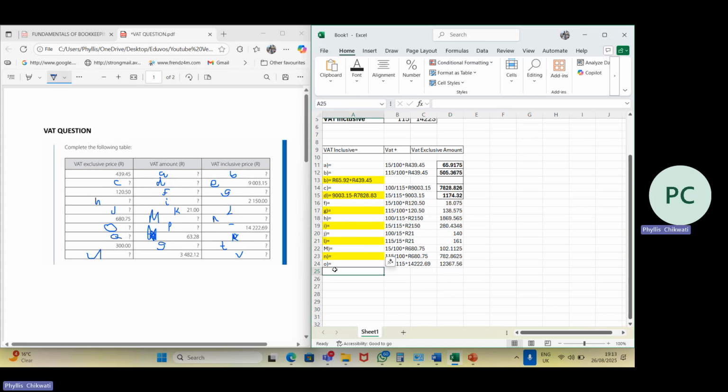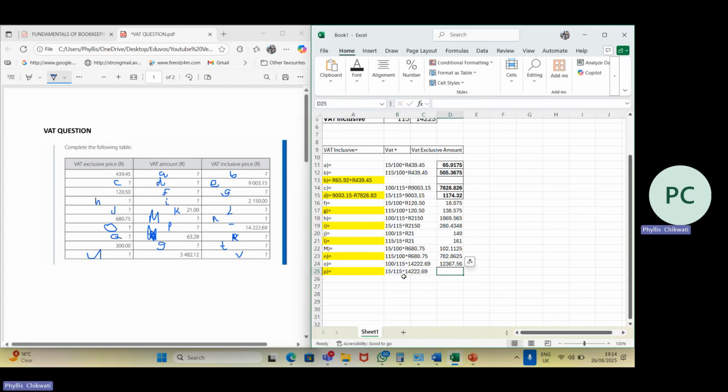Okay. So at least I can leave some for you to just also check whether you understood. And then of course you need to put that in a comment section, and then we'll see if you have learned something new. So our P is our VAT portion. So we're going to say 15 divided by 115 times 14,123.69.